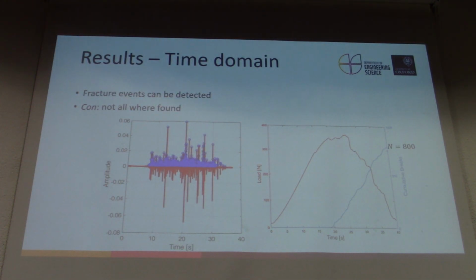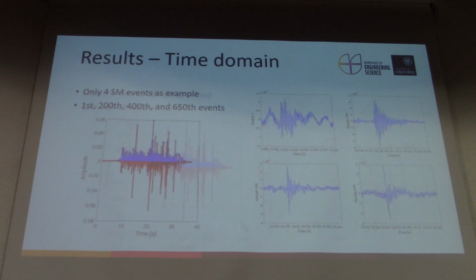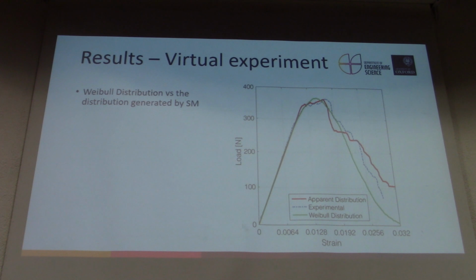So, well, in the time domain, we found indeed these spikes. We identified the sound measurement events, and just as a sample, you can see 4 of these measurement events that I chose. When running the virtual experiment, we can see that the blue curve is the experimental one, and the red one is the result of the virtual experiment using those strengths obtained by our method, the sound measurement method.